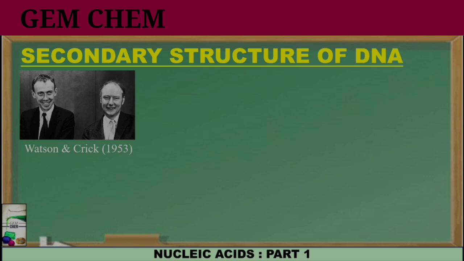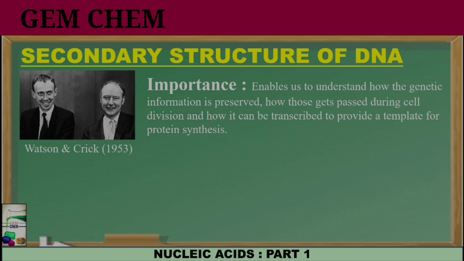The classical model of DNA was presented by Watson and Crick using X-ray analysis, and their secondary structure is especially important because it enables us to understand how genetic information is preserved, how it gets passed on during cell division, and how it can be transcribed to provide a template for protein synthesis.